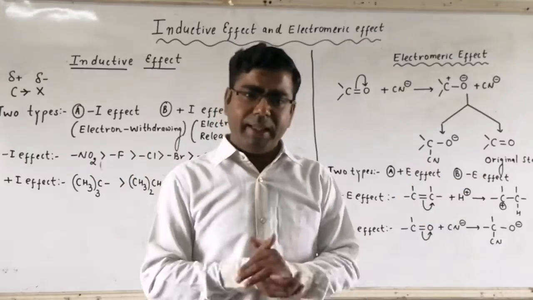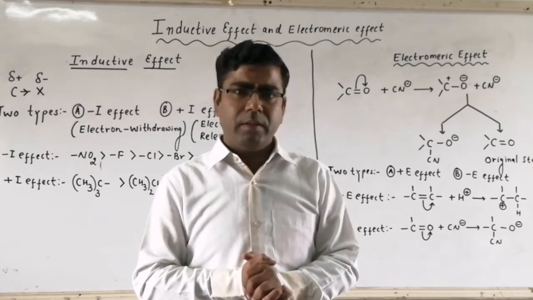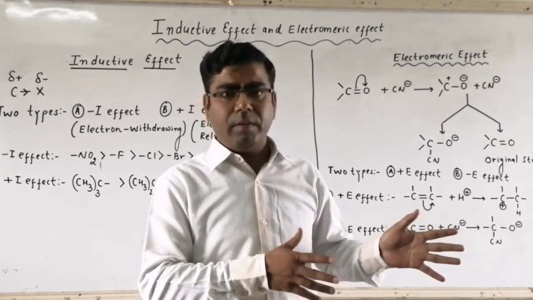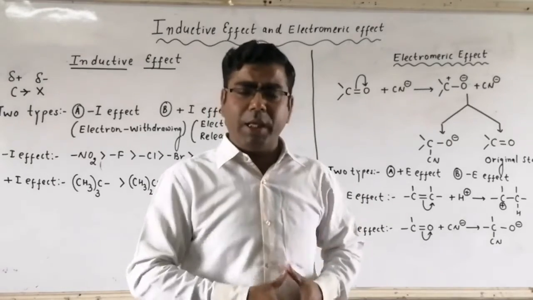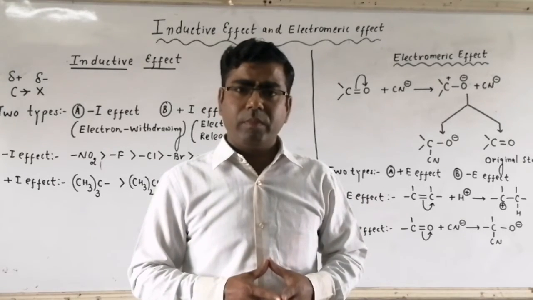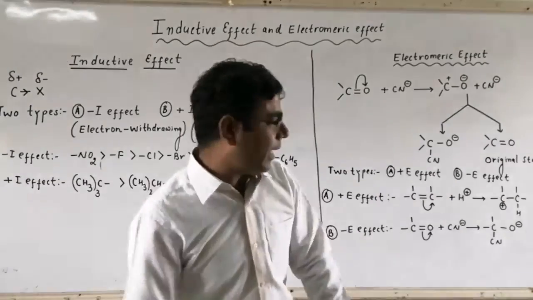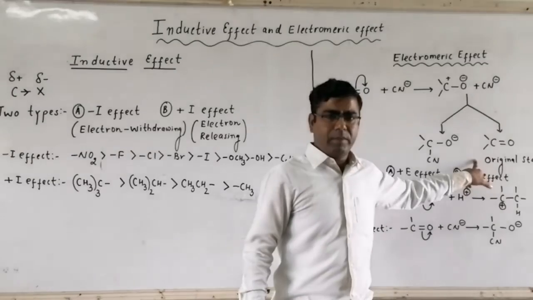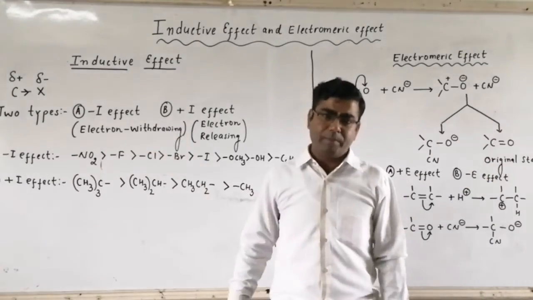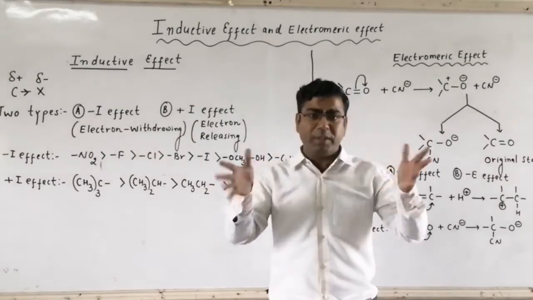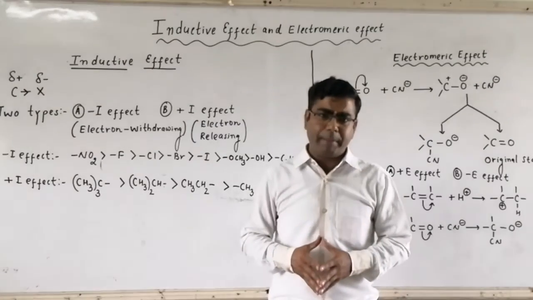If reaction is not taking place, or the attacking reagent is moved away without any reaction with the organic molecule or the reactant, then the organic molecule will acquire its original state. So this effect is temporary, while the inductive effect is permanent. Delta plus, delta minus will always be there because it does not depend on the presence of an attacking reagent.